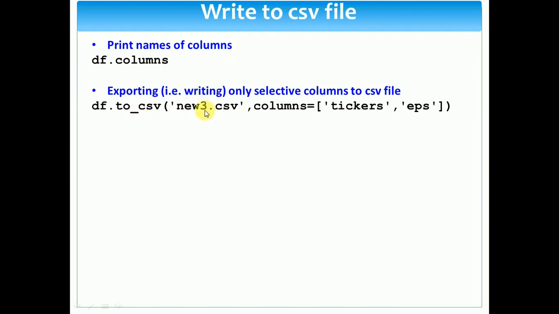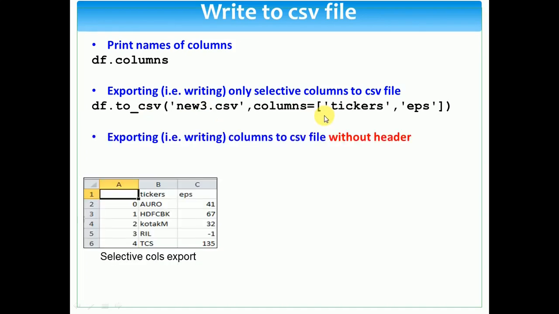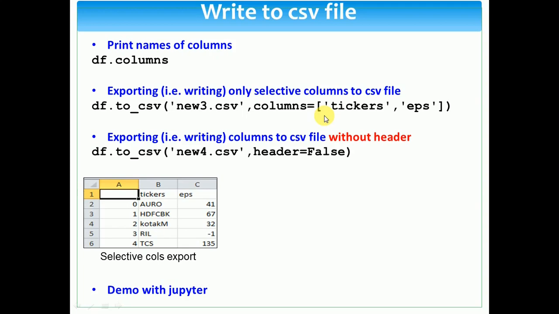So I create a new CSV file, and I tell which columns I want to be part of that CSV file. Then if I do not like to have a header, I can say header is equal to false. Then it will not have the header.